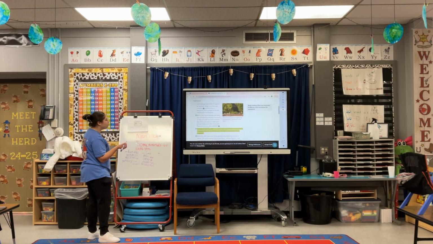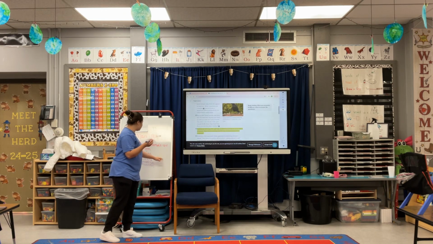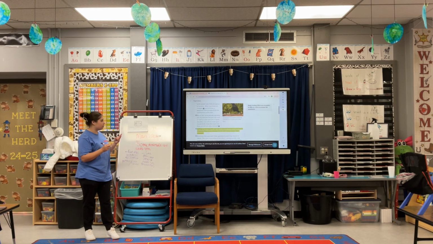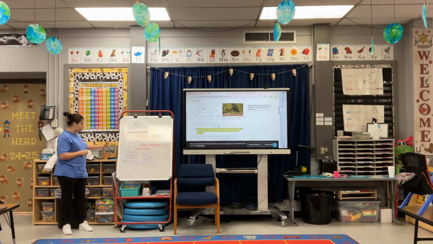What else? Sometimes they'll only have two. Sometimes they'll have three. We just have to look at our paragraph. So remember, the main idea is what the author is wanting to tell us. The author is telling us that some animals use tools too. So for example, our supporting details: the fire ants use moss to soak up water and carry it home, and sea otters use rocks to crack open mussel shells.